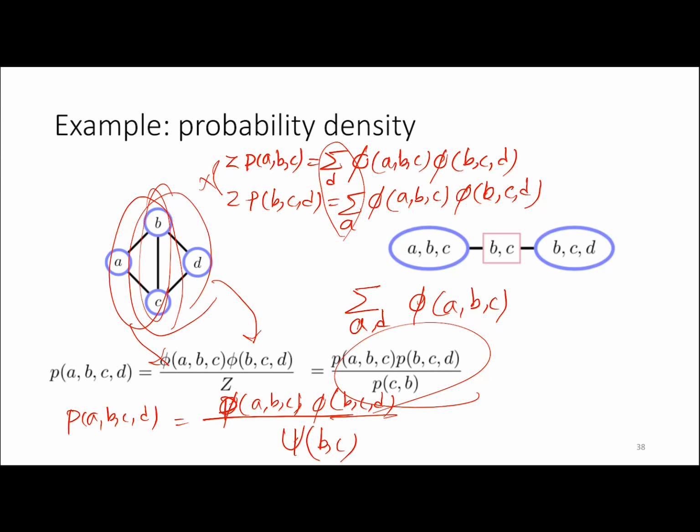Remember, I'm taking A and D out. So at the end, I'm going to get P(A, B, C, D) on one side, and the rest on the other side. Because of this factorization, I can represent this instead of a factor graph as basically a bunch of probabilities adjusted by the terms that are shared across them.